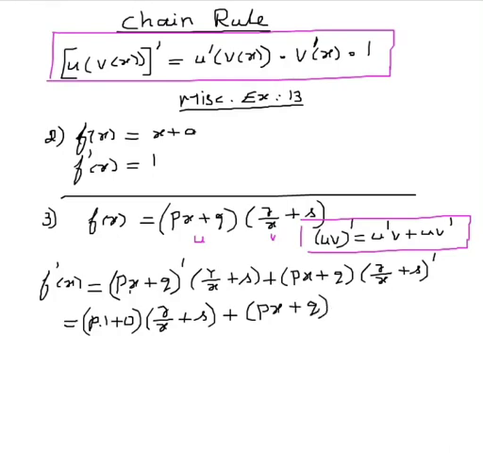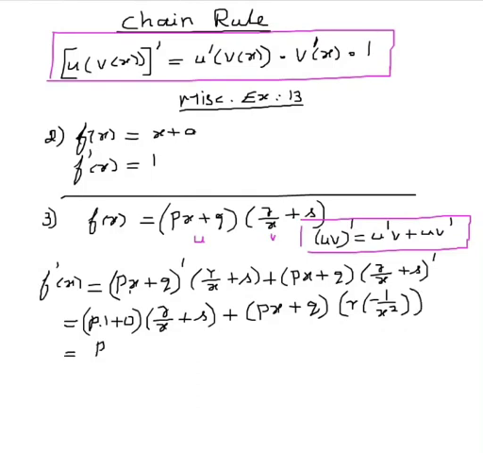To differentiate r by x, I can write r by x as r x raised to minus 1. R is a constant and derivative of x raised to minus 1 is minus 1 x raised to minus 2, using n into x power n minus 1 formula, which becomes minus 1 divided by x square. S is a constant, derivative is 0.